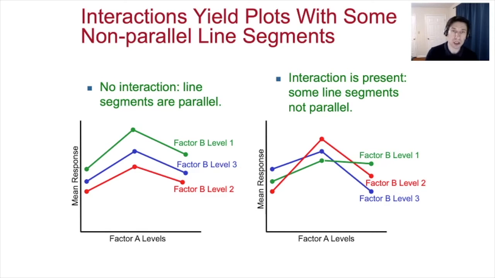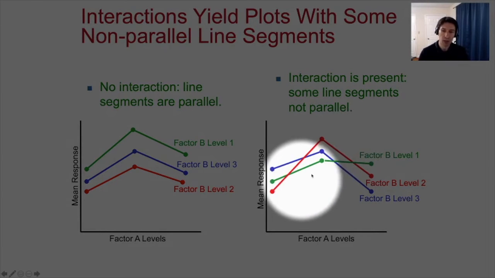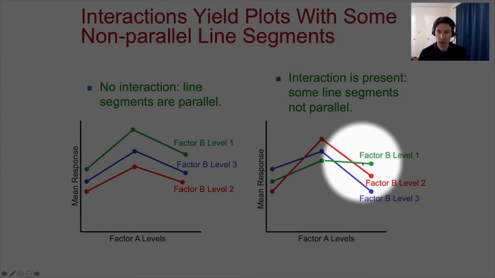Okay, here's another concept that I've insisted on in the lecture and that you need to be familiar with, is that when there are interaction effects, the interaction effects give plots where you have non-parallel segments, where some of the segments cross with each other.